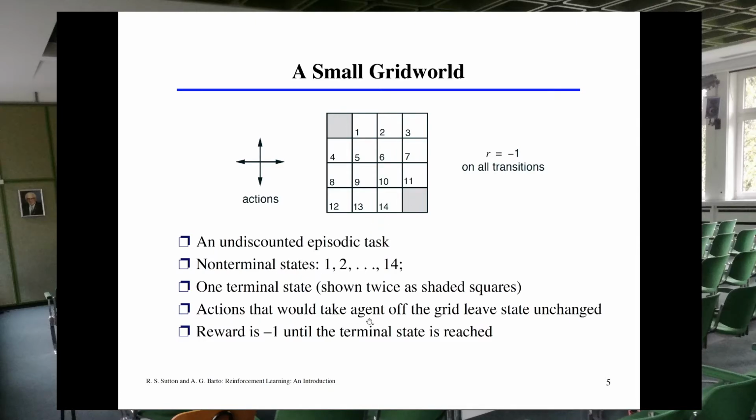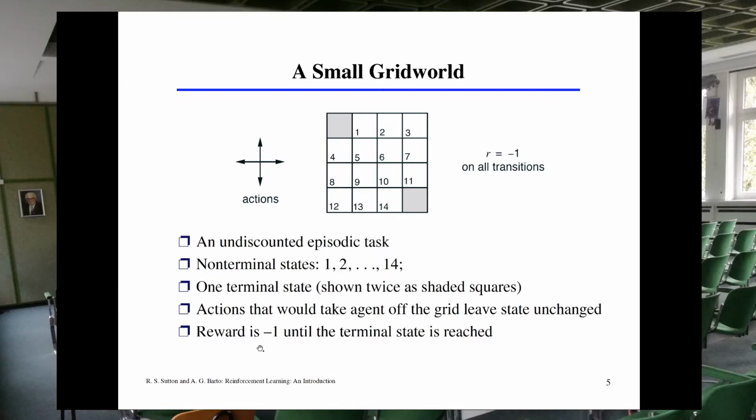Actions that would take the agent off the grid leave the state unchanged. So if you are, for example, in state 13 and you apply go down, the agent remains in state 13. The same for left and right and up actions. So if you are in 8 and you apply left, you stay in 8. Or if you are in 1 and apply up, you remain in state 1.